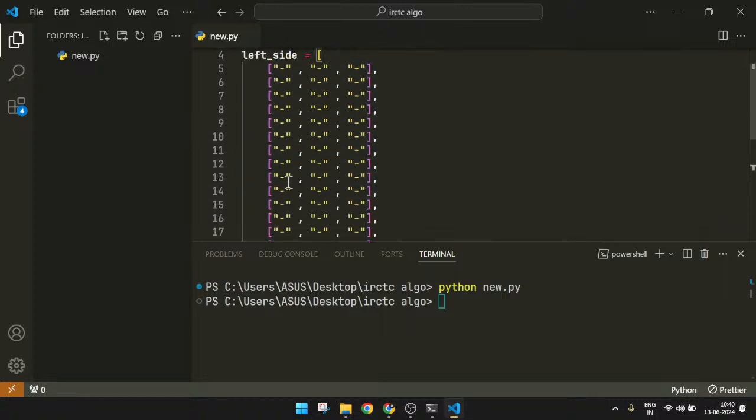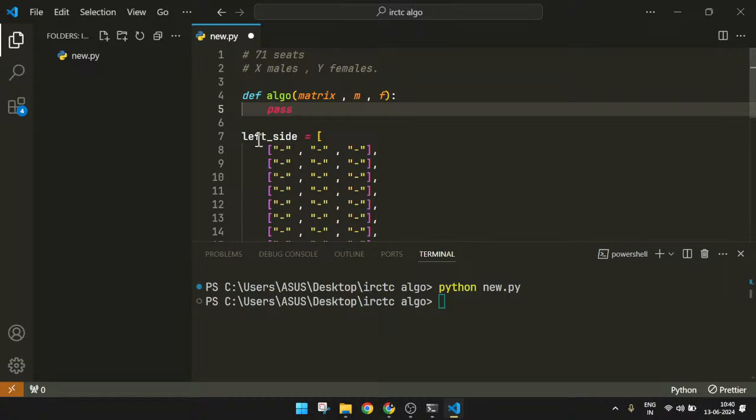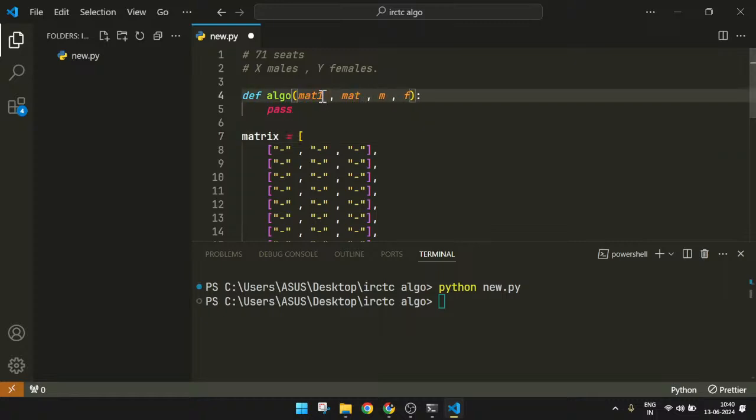What I will be passing to the function is algo: I'll pass the matrix, number of males and number of females. The matrix has two sides, one left and one right, mat1 and mat2.